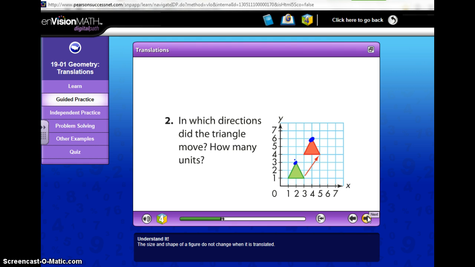So I moved up how many? Up 3. Oh, sideways isn't going to cut it. Right 2. Up 3, right 2.